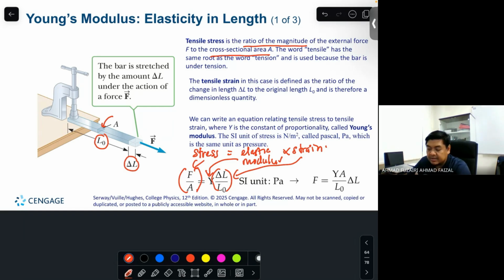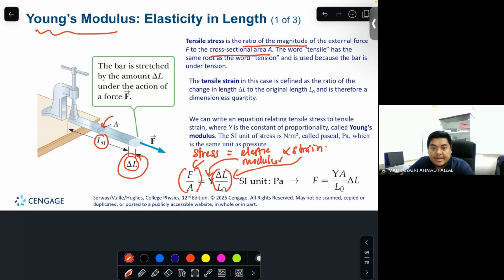So when you apply some force to some area over a length, it gives you Young's modulus. Now it's number one, which is Young's modulus. That means you apply a force to a certain area, then the original length changes by some delta L.